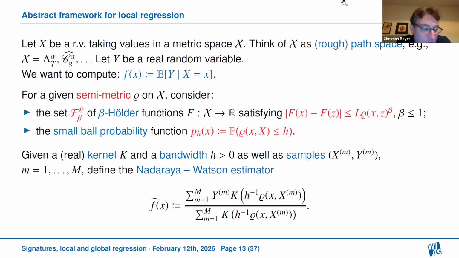I mean, to be maybe a bit more precise, the roughness of the path is one aspect. So you're thinking of the Lyons extension theorem, or more precisely, the standard theory of rough paths, which basically says that if, for instance, you want to solve a stochastic differential equation pathwise, you need to have as an input not just the driving path, but also some of its iterated integrals.